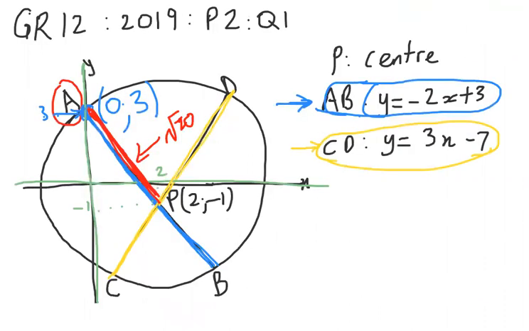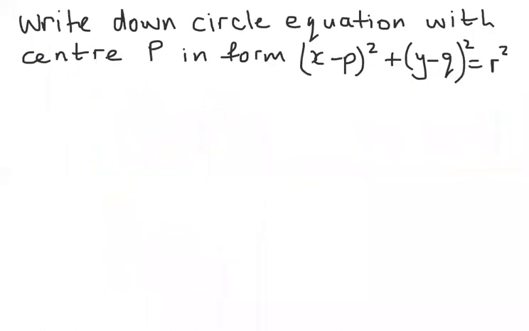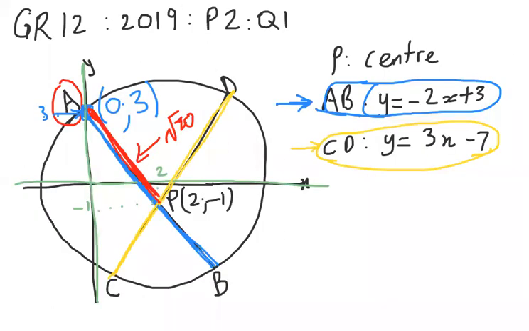So what's the next question? Next question is, so now they give this: write down the circle equation with the center P, which is in the form, then they give that form. Now, fortunately, we have P, because if they say they want a circle with the center P, we have P, we calculated it earlier.